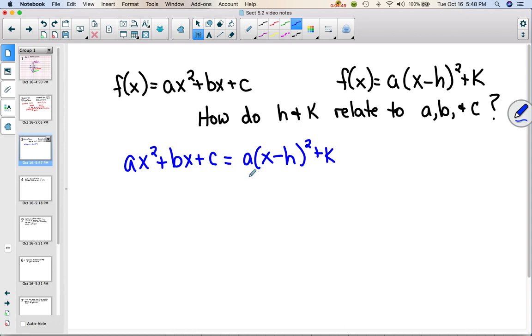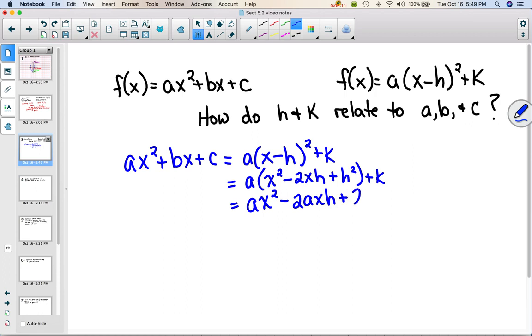I'm going to leave the left side alone, but on the right side, I'm going to multiply this out. I'm using the shortcut: we square the first term, multiply and double, square the last term, and then I'm going to distribute. So this is going to be ax² minus 2axh plus ah² plus k. Let me recopy this.